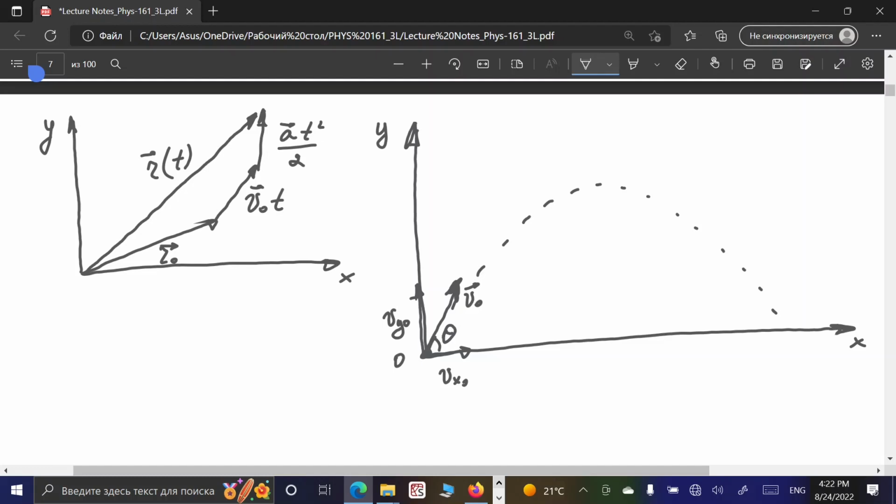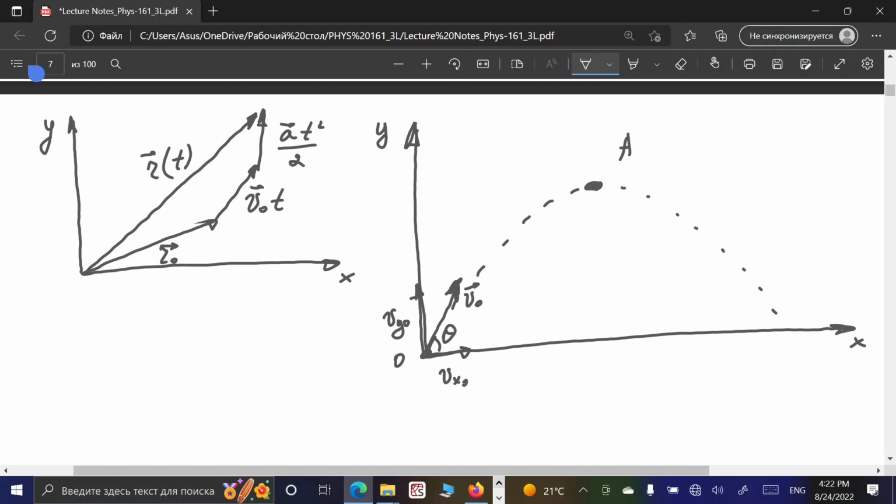So if we move to point, let's say this point will be A, let's call it amplitude point, where we reach the maximum height of the trajectory over the horizon, what will happen?